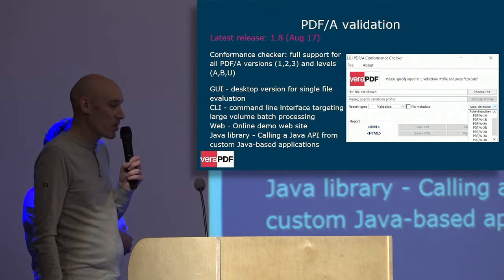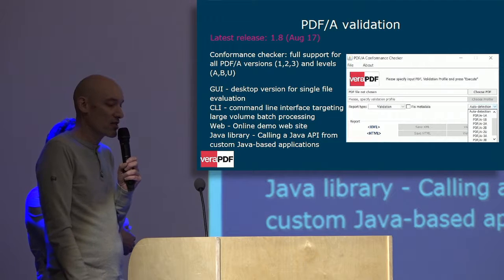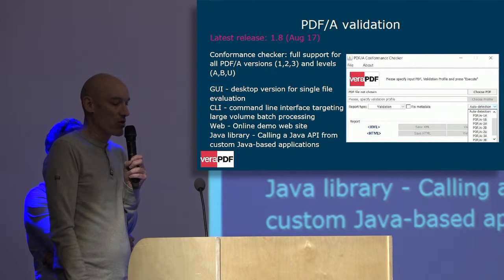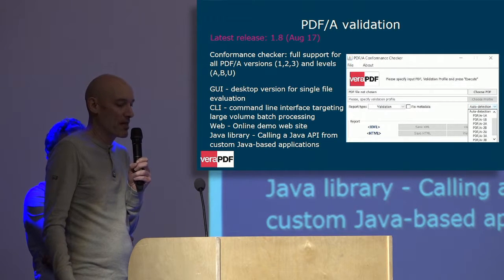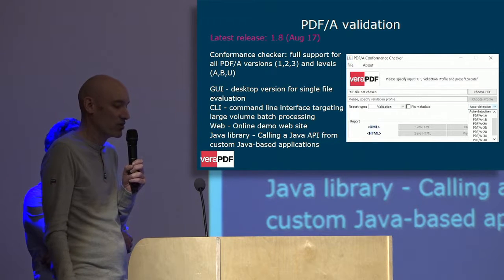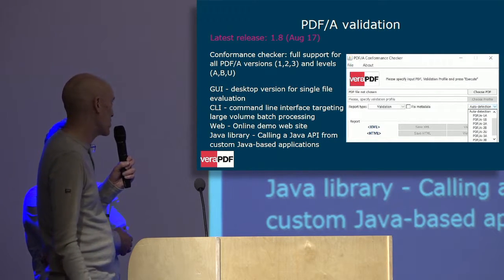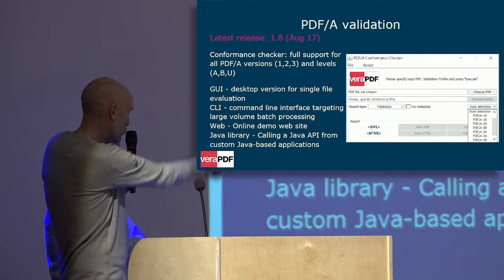We're just going to give a quick overview of where we are with the software at the moment. Our last release was August 17th. The conformance checker, which is a validator for PDF/A formats, has full support for all PDF/A versions and conformance levels, which are 8 different flavors as we refer to them. You can see them listed in the drop down at the side.